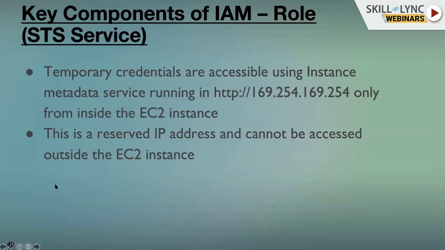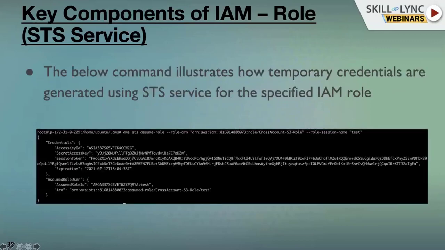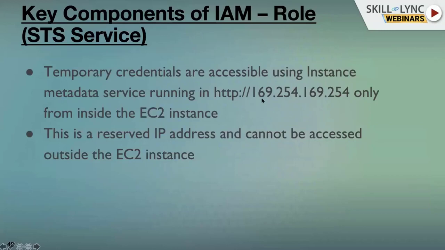So we see there are temporary credentials generated, but they have to be stored somewhere. Without caching of credentials, they won't be able to access these AWS resources. Where are these particular credentials stored? That is where I told initially about 169.254.169.254. This is private to your VPC, and it cannot be accessed from outside the EC2 instance.